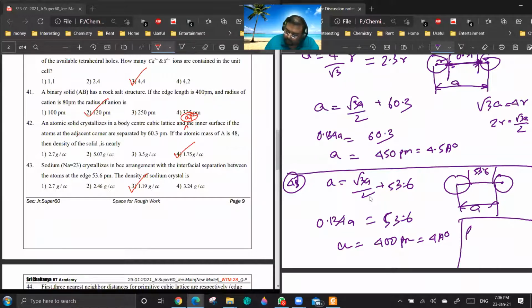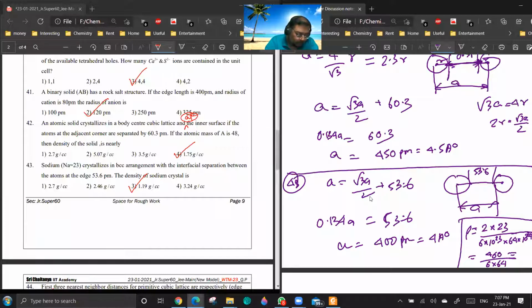So density will be equal to what? Z is 2 into MW is 23 by 6 into 10 to the power 23 into 4 cube, 64, into 10 to the power minus 24. Okay, it's like 460 by 6 into 64. Are you getting a point?